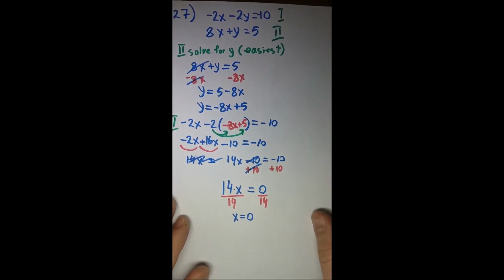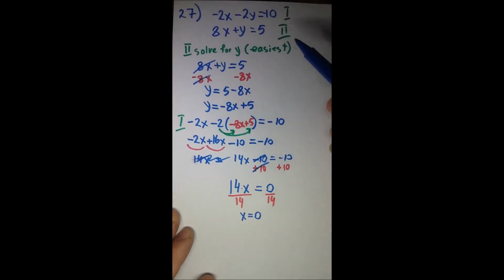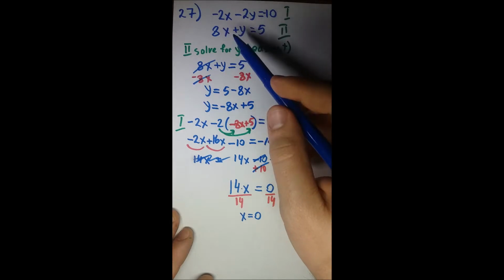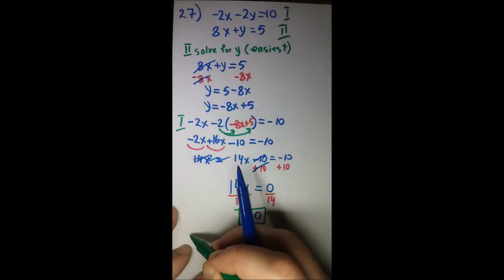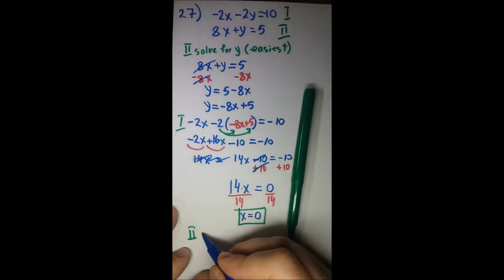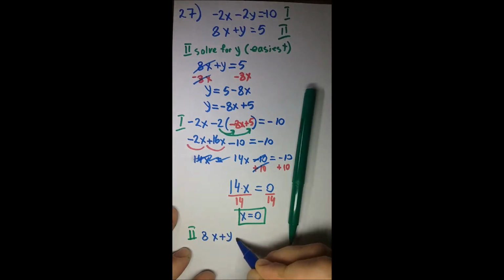Now we need to solve for y. So what I would do is pick any of the equations. I think the easiest equation to work with is the bottom one, equation 2. So I'm going to write it again. I'm going to box it off and copy it like this: 8x plus y equals 5.